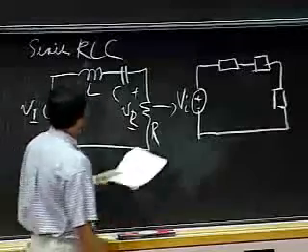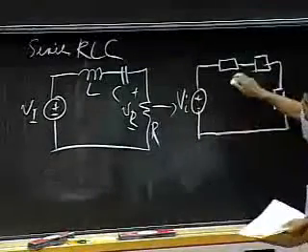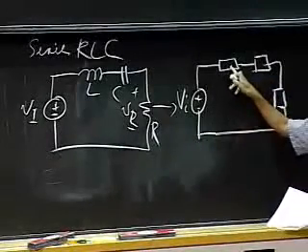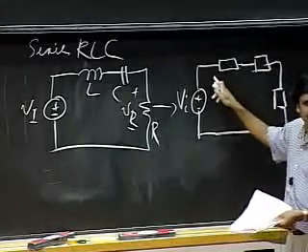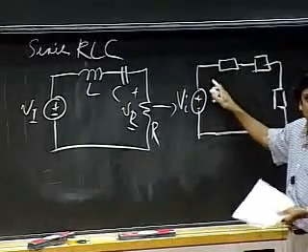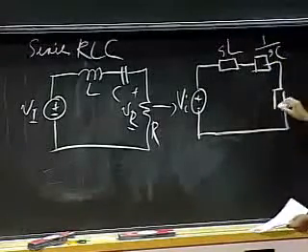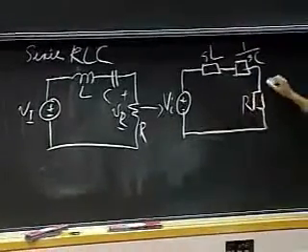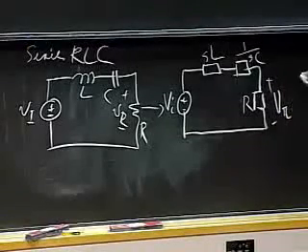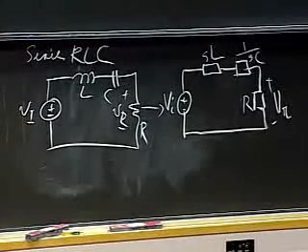The impedance model would simply be VI. So what's the impedance of an inductor? SL. And for the capacitor, it's 1 by SC. And for a resistor, it's simply R. It's VR. Okay?